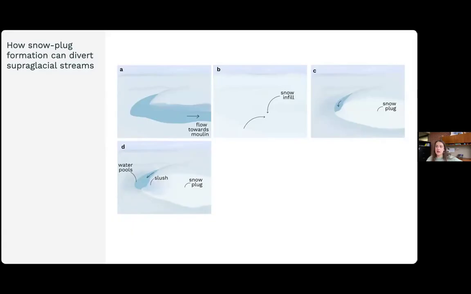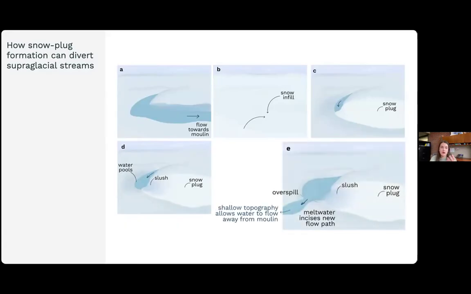It really becomes the rate of snow plug melt versus how big that depression is and how quickly it is filling. If we fill this surface depression much faster than we can melt through that snow plug to get back to that same moulin or that same area of extensional strain, then we can have a small spillover event that will thermally incise a new meltwater path.